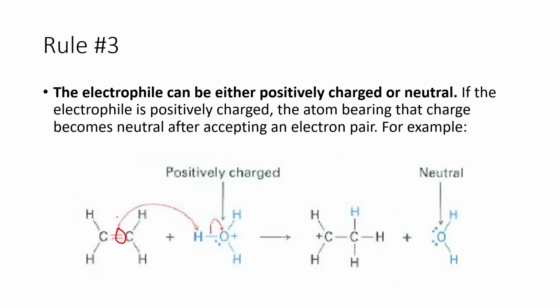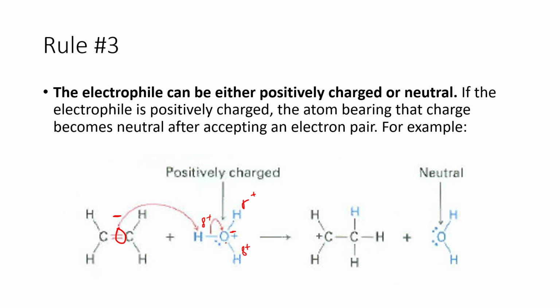However, this portion is negative. It reacts with your hydronium ion. What it will do is all of these hydrogens are actually slightly positive. Oxygen is slightly negative because of its electronegativity.